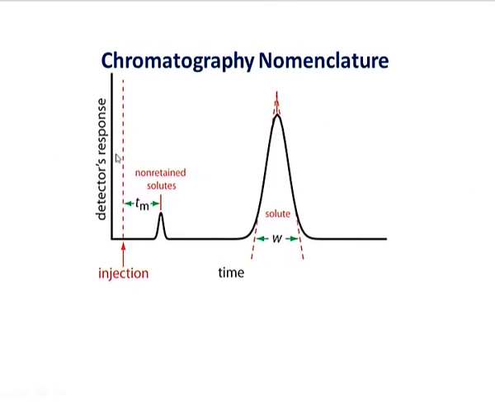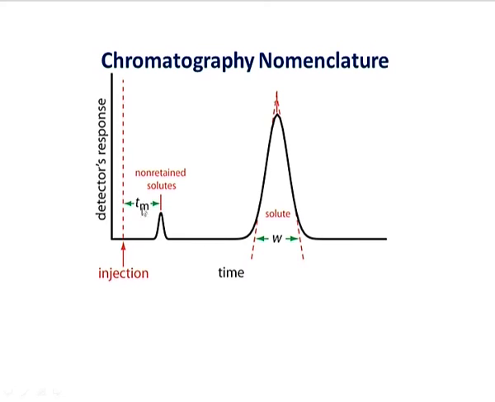Next, in the same chromatogram, there is another peak which is called a non-retained solute peak. This primarily means a solute which would not interact with the column and would come out with the mobile phase without any interaction.